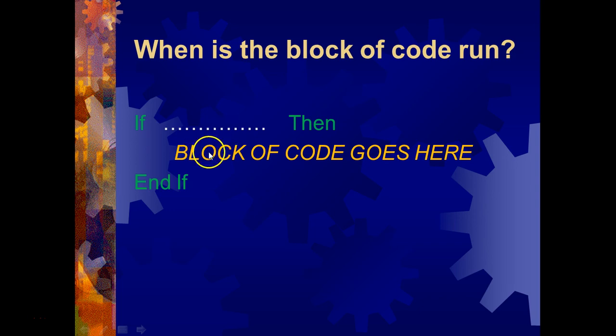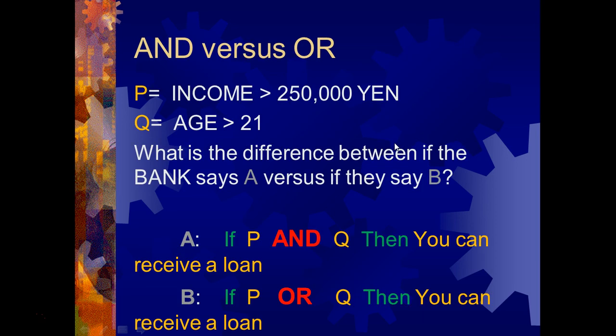And this part here is sometimes called the consequent. The consequent means the consequence of what happened. So if the antecedent is true, then the consequent will get run, right? So here, if either one is true, then the antecedent is true, and then the consequent will get run.